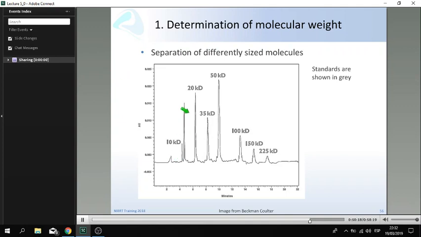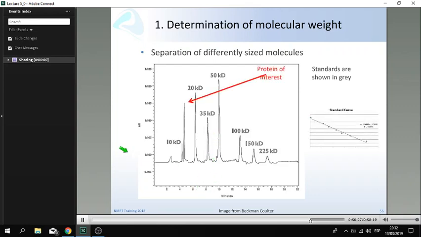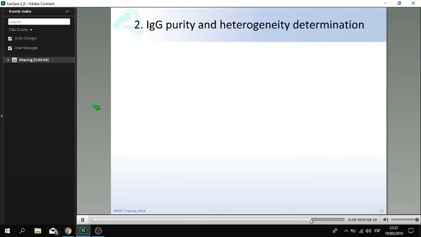For example, 20 kilodaltons would be 6 minutes, 35 would be 8 minutes, 50 would be 10 minutes. You plot that onto a graph, and then you can figure out the apparent molecular weight of your unknown by looking at your graph. So in this case it would be 11 kilodaltons.